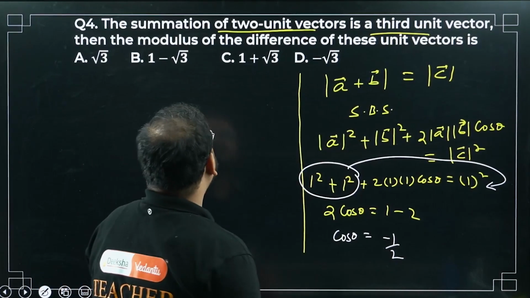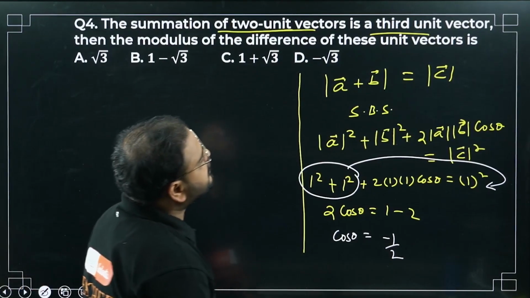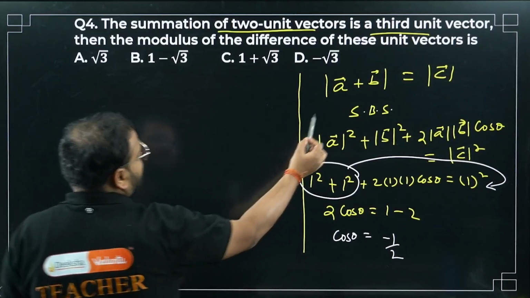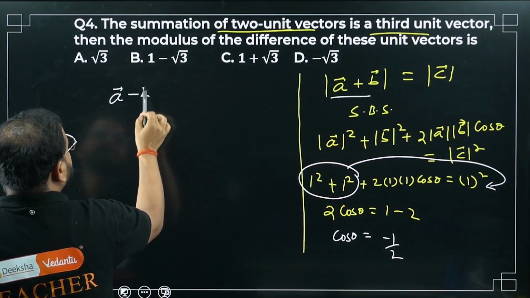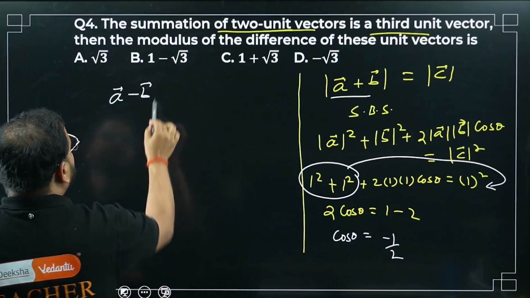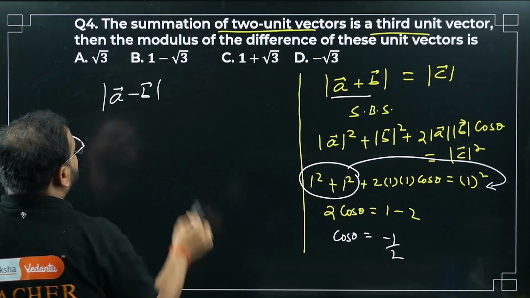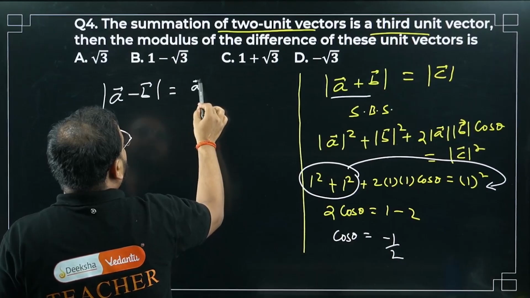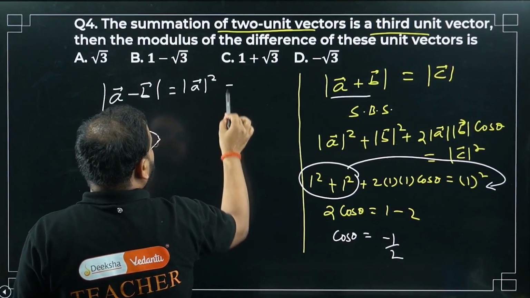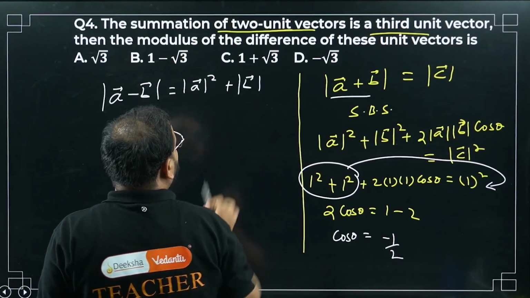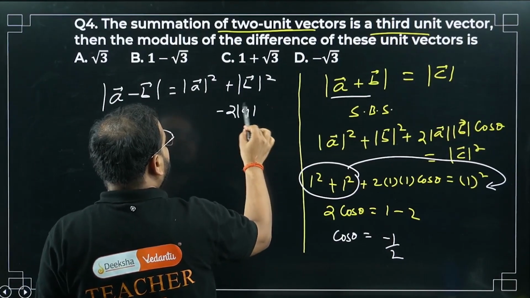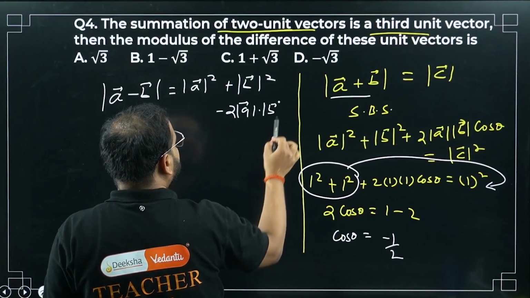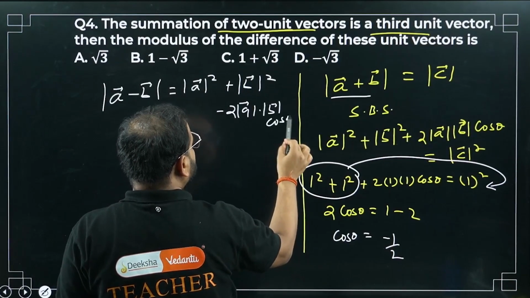Okay. What are they asking? The modulus of the difference of these unit vectors. They're asking for the difference, right? Vector A minus vector B. They're asking this only, no? So A square plus vector B square minus 2 times vector A times vector B, and again cos theta, right?